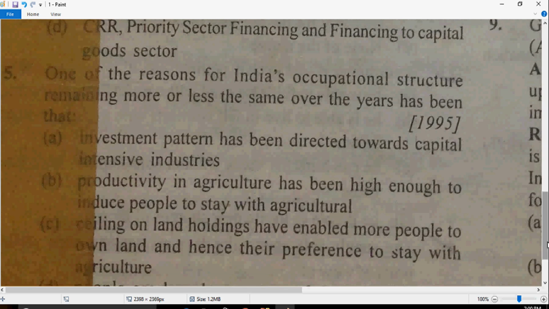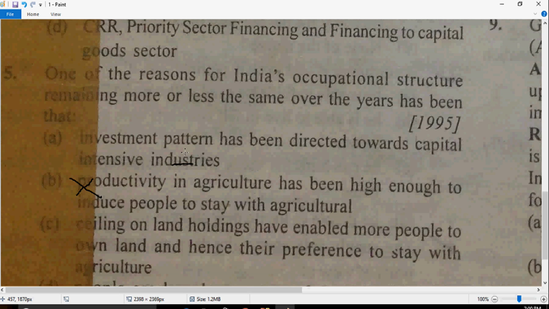one of the reasons for the Indian occupational structure remaining more or less the same over the years has been that the investment pattern has been directed toward capital intensive industry. Productivity in infrastructure has been high enough to reduce the people's need to stay with agriculture. No, that is wrong. But see, A is going to be right because the investment pattern has been directed toward capital intensive industries, of course.